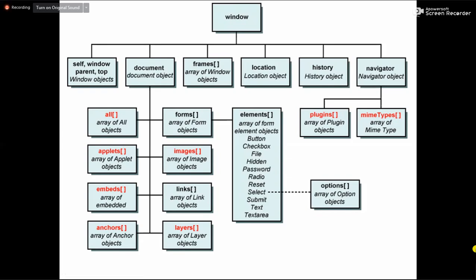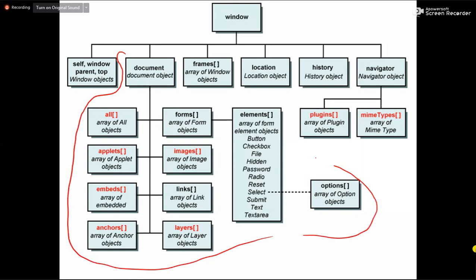What we learned, DOM, is the document object model. That means it is related to the document. This is what we learned, that is DOM. We learned how to work with forms, images, and such things.